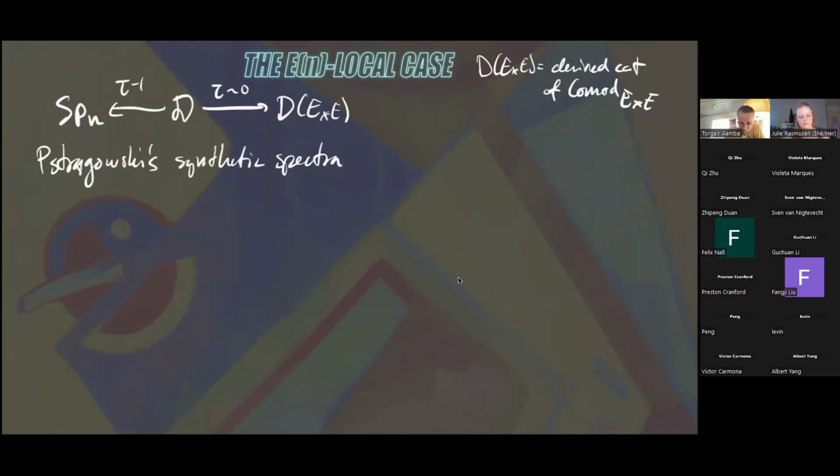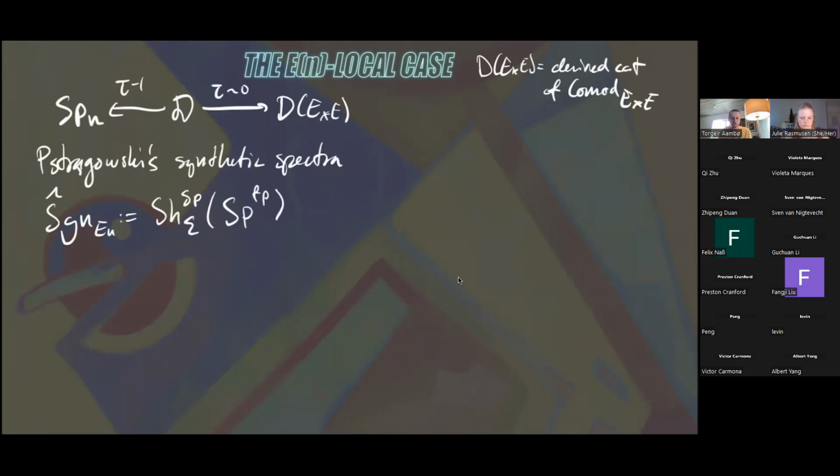And in this particular situation, we're using the hypercomplete synthetic spectra. So what are these guys? The category of hypercomplete synthetic spectra based on E_n is the category of additive sheaves, or spherical sheaves of spectra, on some nice site that I'm going to call SP_FP.